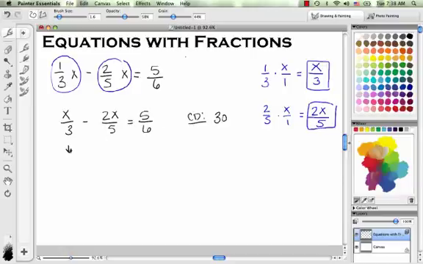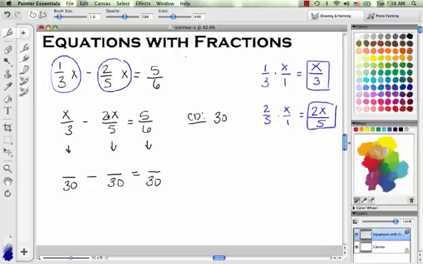So let's take a look at what we can do. Let's start with our little arrows under our fractions, and we're going to turn each of these denominators into 30. So I'm going to write a line over 30 minus a line over 30 equals this fraction line over 30. I'm going to leave my numerators open just to start until I figure out what they're going to be.